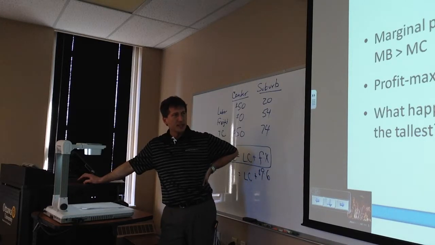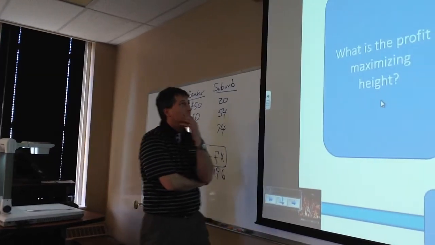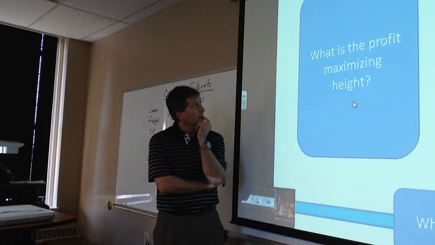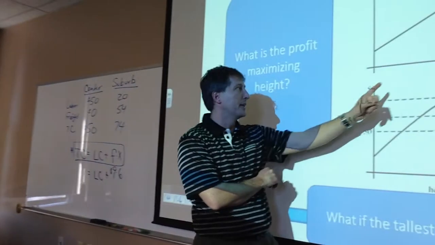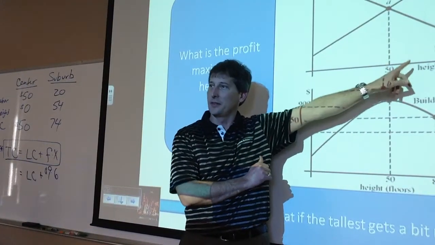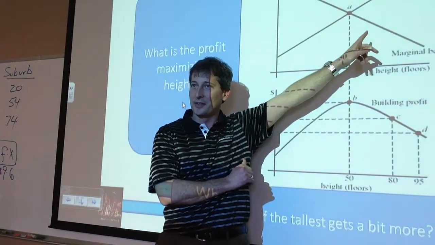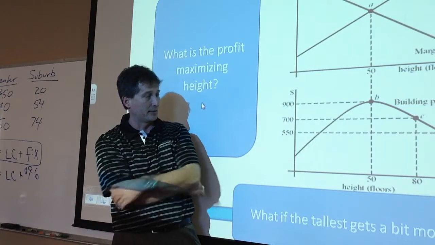Okay, so here is the idea. We maximize profits by producing the building height where the benefit of the next foot is equal to the cost of the last foot, right? In terms of taking into account the number of floors we need and the land that we have to work with.